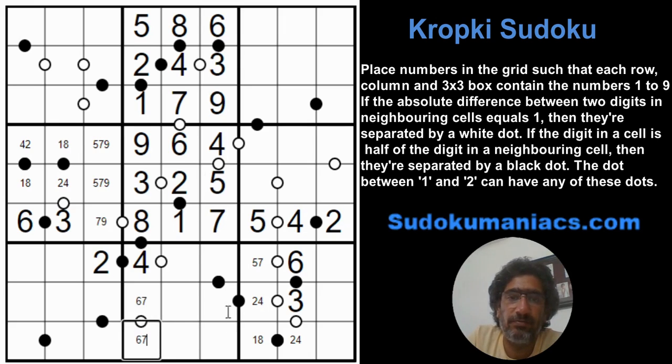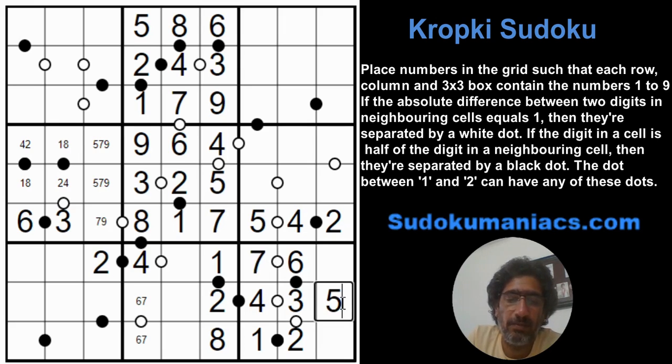I do have missing here 1, 2 and 8. Since we have a black dot, this will be a 1, 2, 8, which makes this a 4, 2, 1. And with a 4, so this becomes a 7. 5, 8, 9, this will be a 5 because there's no white dot, so the 8 and 9 cannot be beside each other.